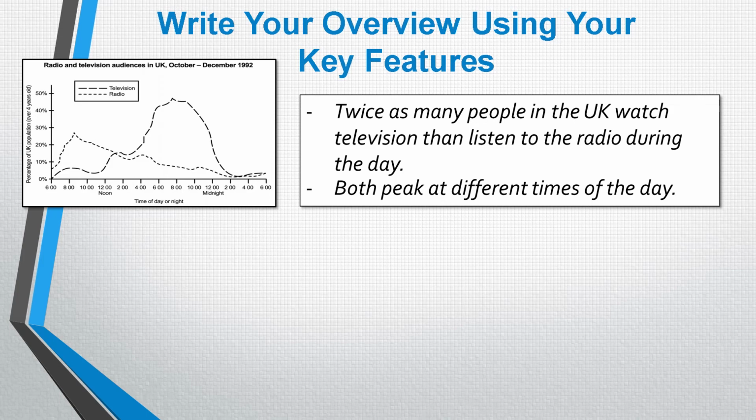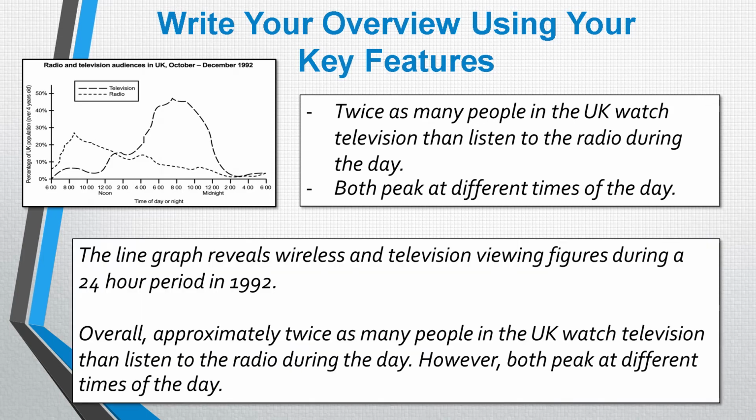So you'll have between 2 and 4 bullet points of the key features, and you'll already have written your first one-line introduction. So what you need to do is skip a line to make it clear that you're starting a new paragraph, and then write the word overall. I'm going to use the word overall so the examiner knows that this paragraph is our overview paragraph.